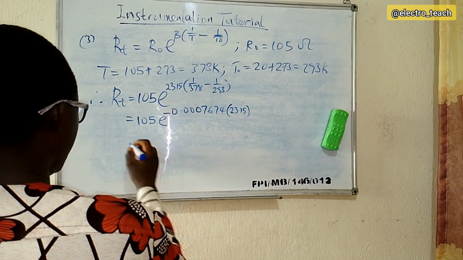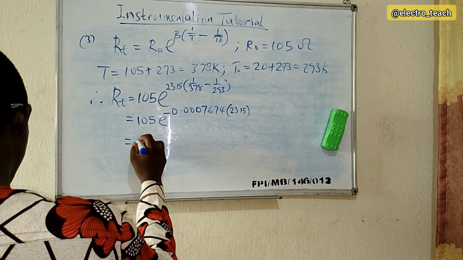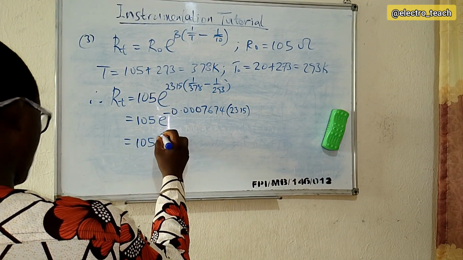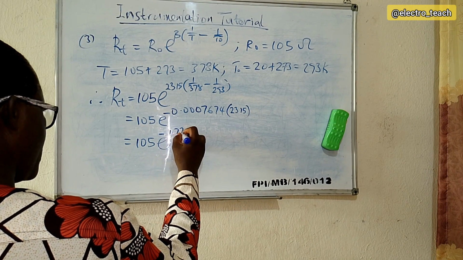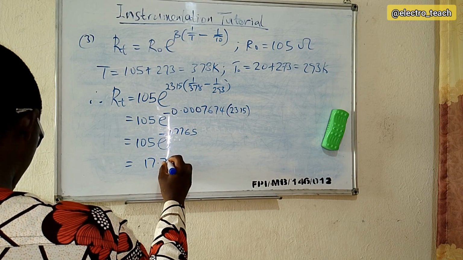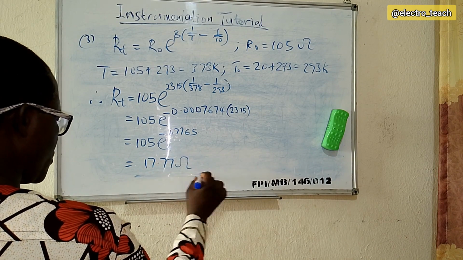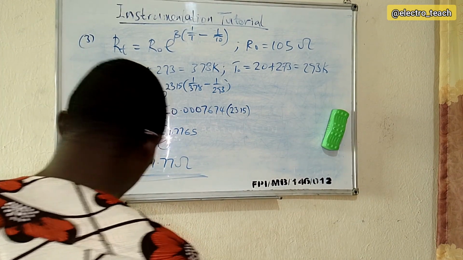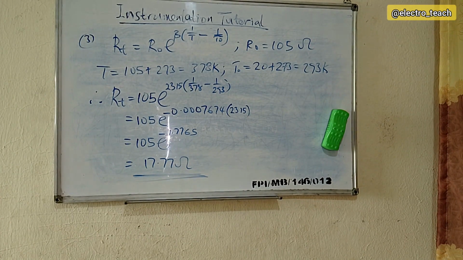So that gives us 105 E raised to the power of minus 1.7765. If you simplify using your calculator, you get 17.77 ohms. And that's the answer to the problem, 17.77 ohms.